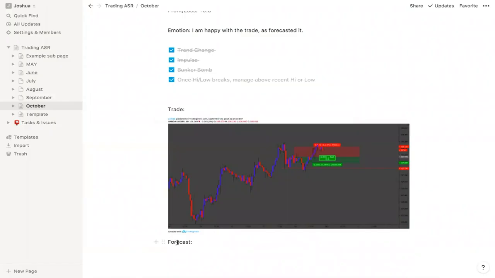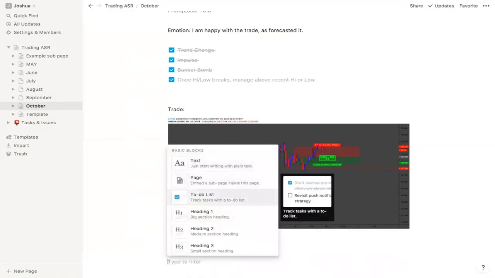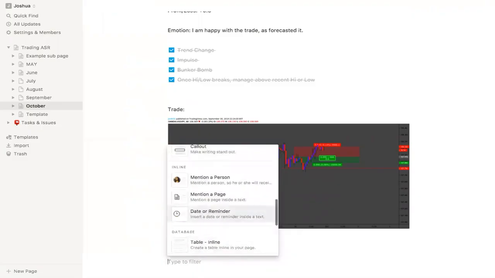And underneath that, we can then write anything we want, if we wanted to write anything underneath about the trade, how it went, how we felt, or anything like that. And then what I do is I like to put in my forecasts. So obviously everyone will have multiple forecasts that we've done over the weekend.